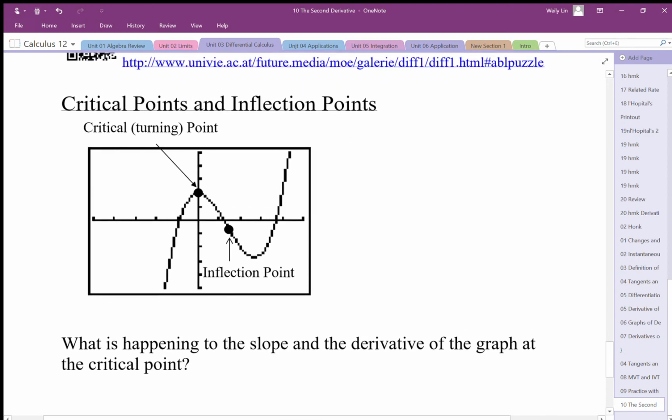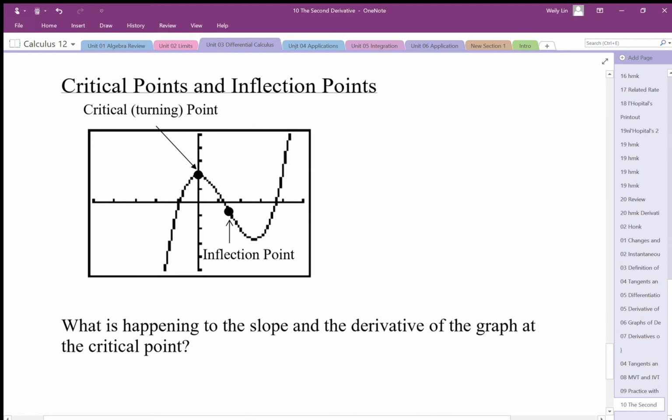This last part here is just talking about critical points and inflection points. So we just talked about that inflection point here. So the critical point is when the first derivative is 0. The inflection point is what happens when we change curvature, okay, or the change of the change is changing from a negative change to a positive change, and this is what we call that inflection point.